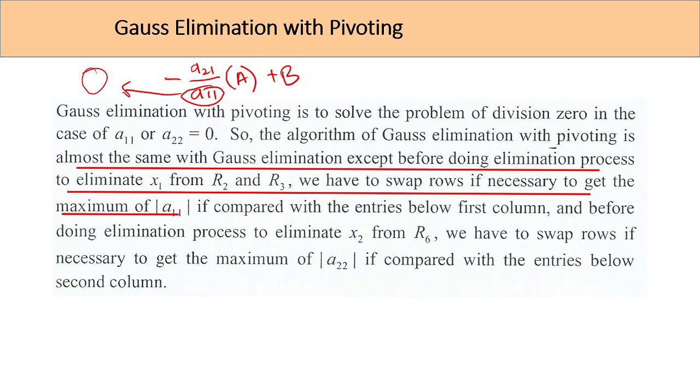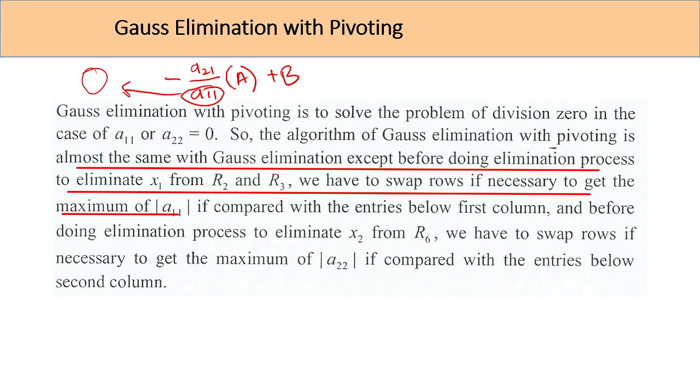The algorithm of Gauss elimination with pivoting is almost the same as Gauss elimination, except that before the elimination process to eliminate x1 from R2 and R3, we have to swap rows if necessary to get the maximum absolute A11.